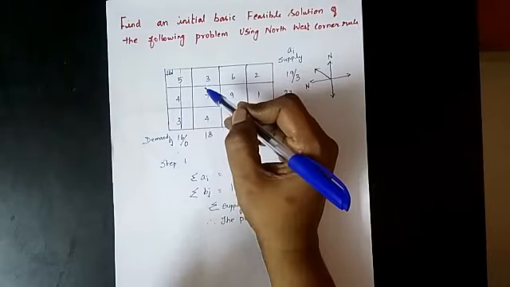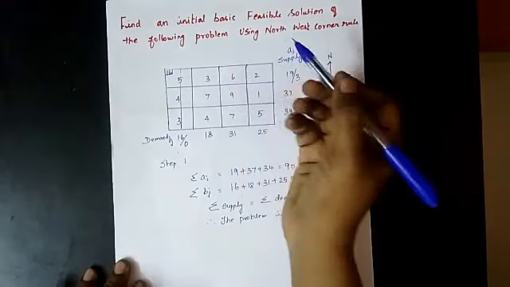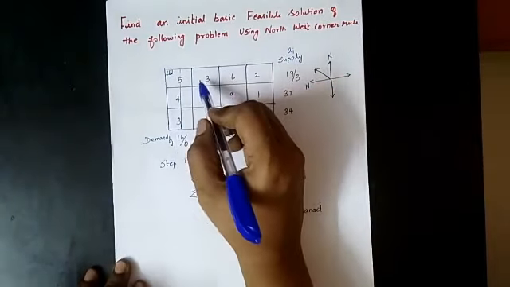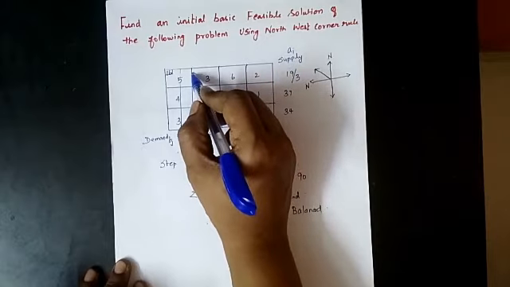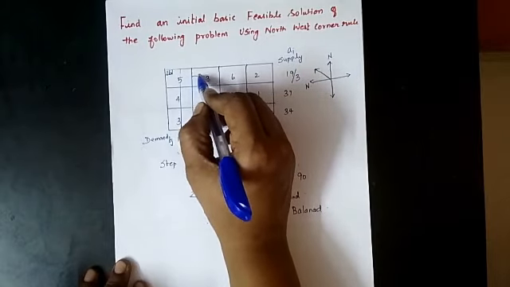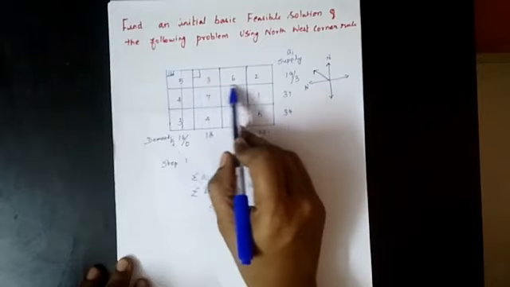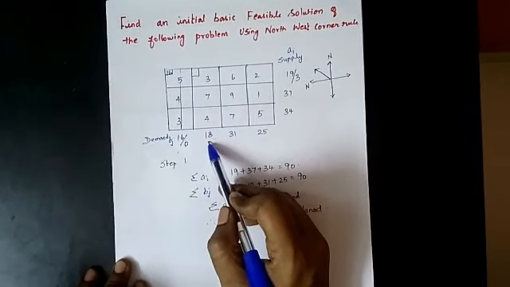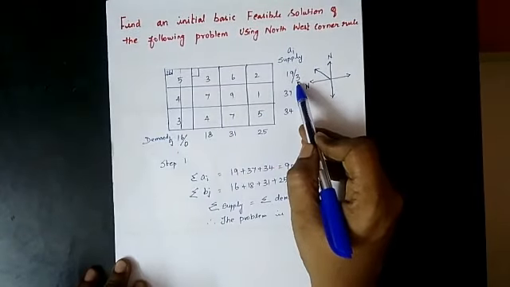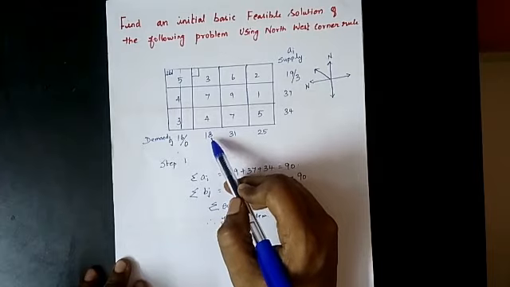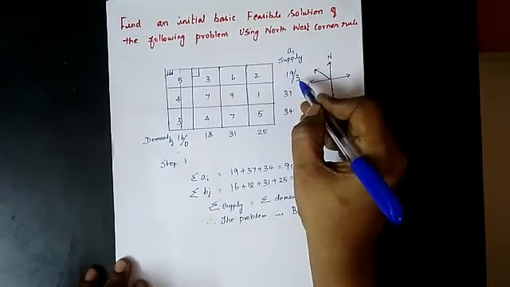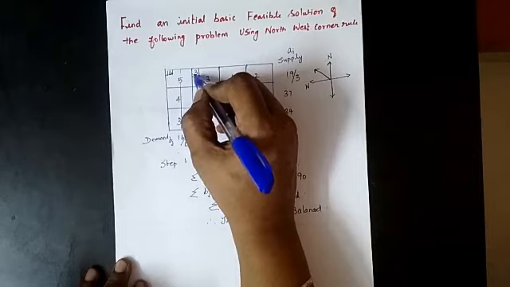We are going to use the same table. So now the next northwest corner cell is this. Here we have to check the supply and the demand. Here the supply is 3 and the demand is 18. So the lowest should be allocated here.